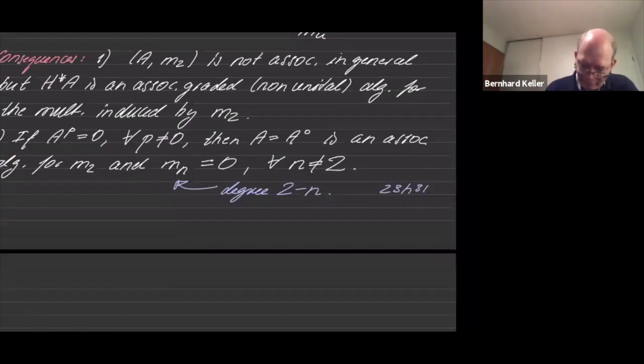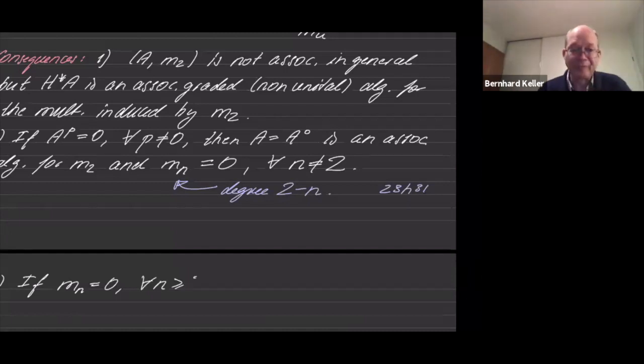And now a third special case: if by chance Mn vanishes for all n at least 3, then if we look at A just endowed with M1 and M2, M2 is going to be associative.